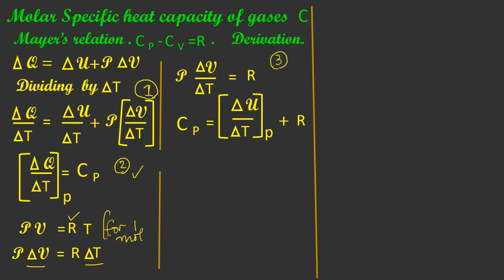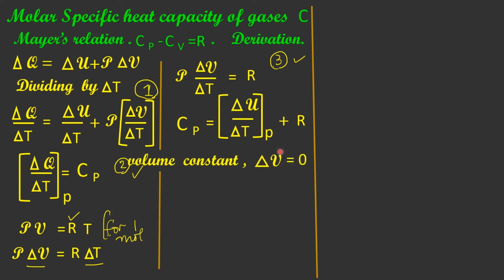Substituting equation 2 and equation 3 in equation 1, this quantity becomes Cp. This quantity is used as such and this quantity becomes R. So we get Cp is equal to delta U by delta T at constant pressure plus R. I hope I am clear.